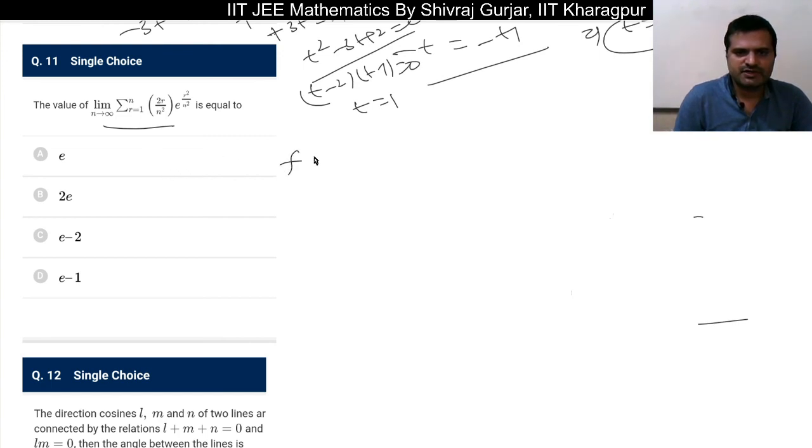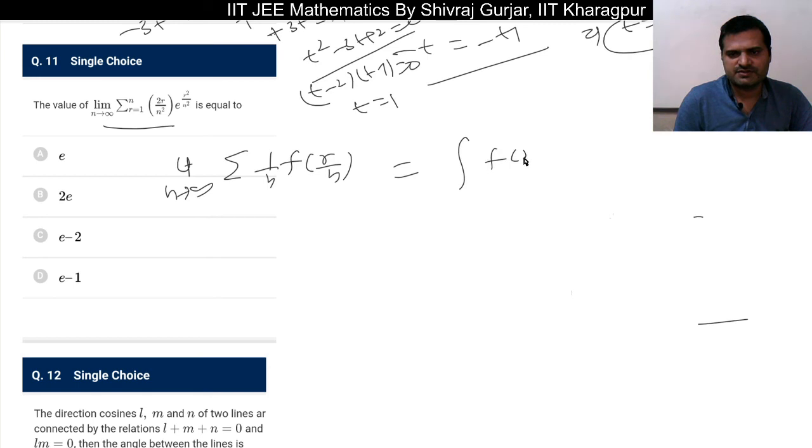So we know that 1 by n summation f of r by n, limit n tends to infinity, is nothing but integral of f x dx, where if r goes from 1 to n, then this is from 0 to 1.